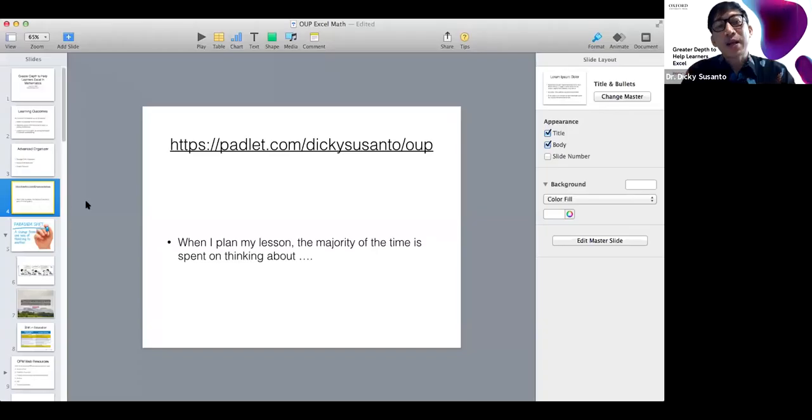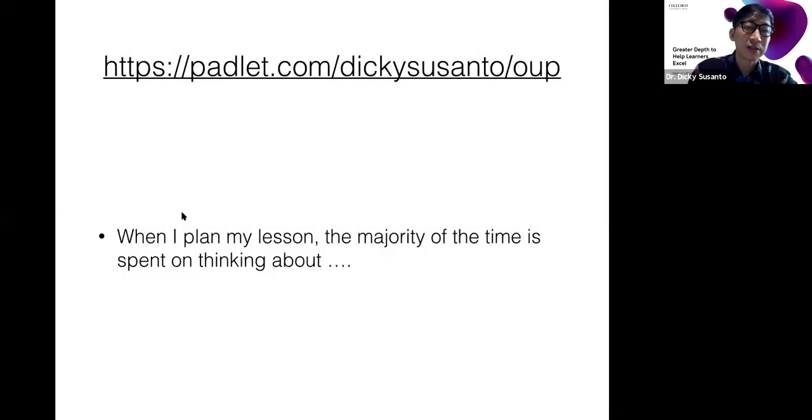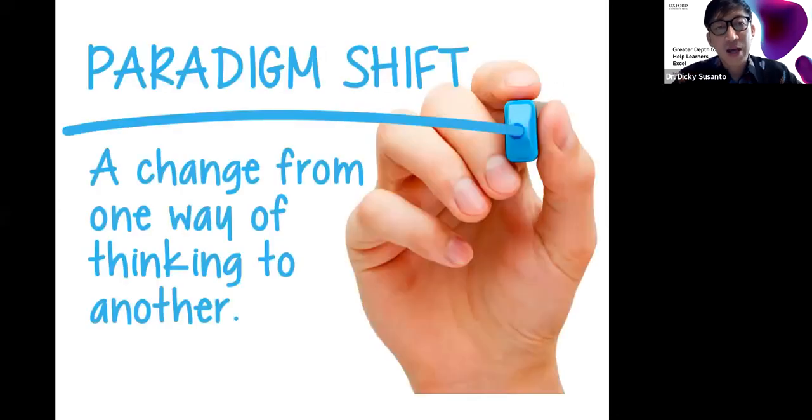So the first thing that, as I mentioned earlier, I'll be discussing is paradigm shift. Okay, so especially I think a lot of us as teachers in this online teaching environment, we are forced to really rethink what we do as teachers.